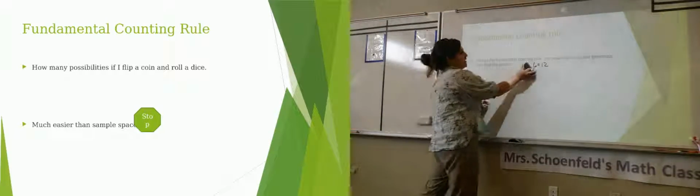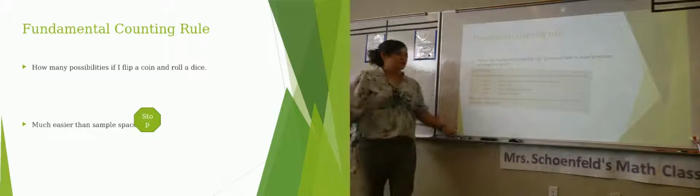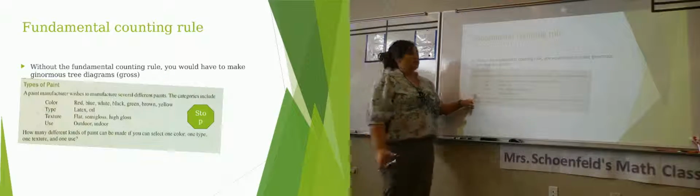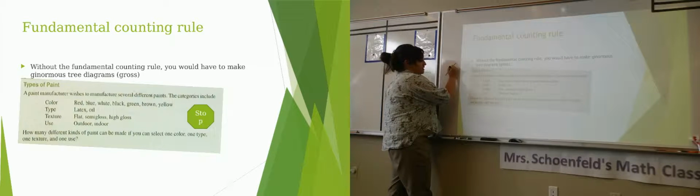Without the fundamental counting rule, you'd have to use ginormous gross tree diagrams. This is a good example of where it would be a really gross tree diagram. I could have red, I could have blue, I could have white. I don't want to do this.